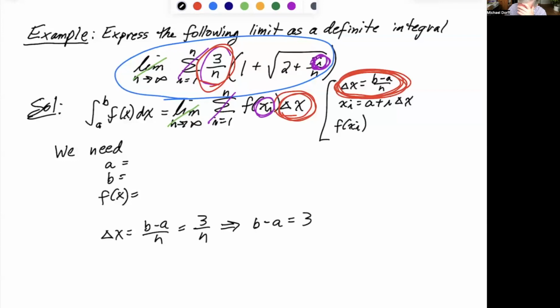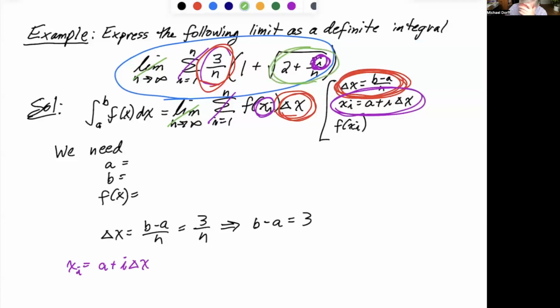So now let's figure out what the x sub i is. Well, x sub i is going to look like this form: a plus i delta x. And so I'm going to look at my original part here and see what has an i in it. I'm going to do this in green.